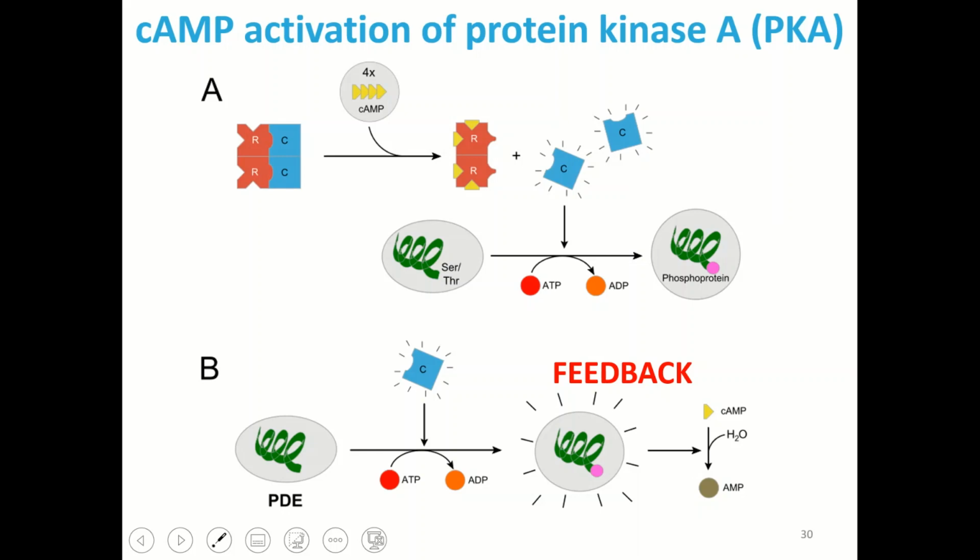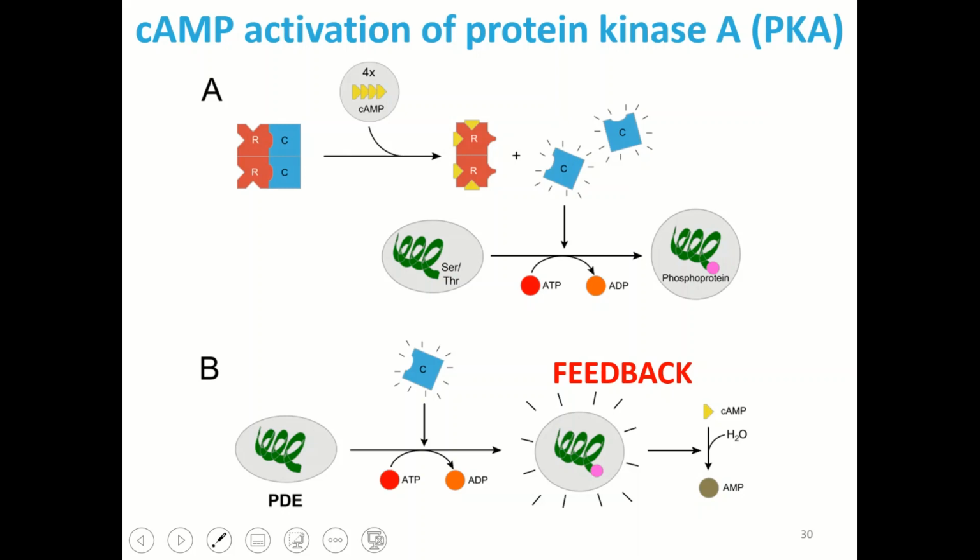Once those PKAs are active, what they do is they take ATP and they stick it on different proteins. They phosphorylate; they take a phosphate from ATP and stick it on, remember, most commonly it's serine, but sometimes it can be threonine. They phosphorylate proteins at those amino acids.